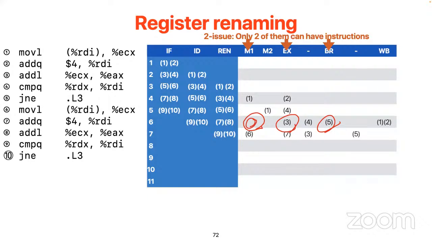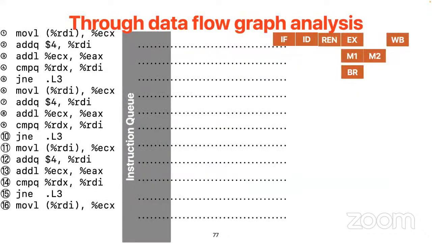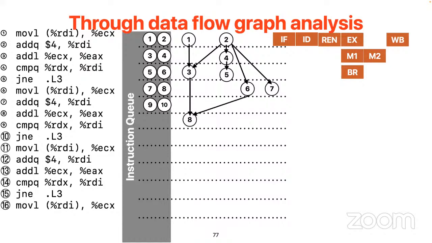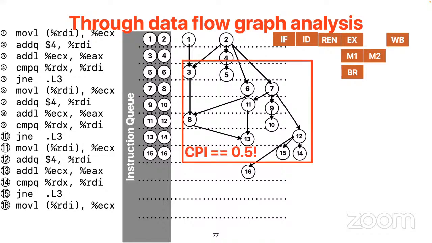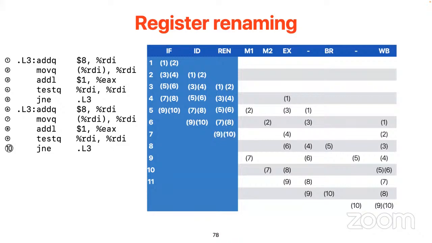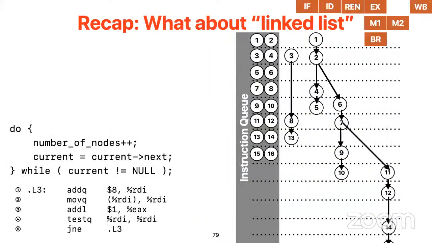So this is the benefit of another representation. But both representations should be equivalent if you want to see the performance of your code. If you use data flow graph analysis, you will see that the CPI is also equal to 0.5.